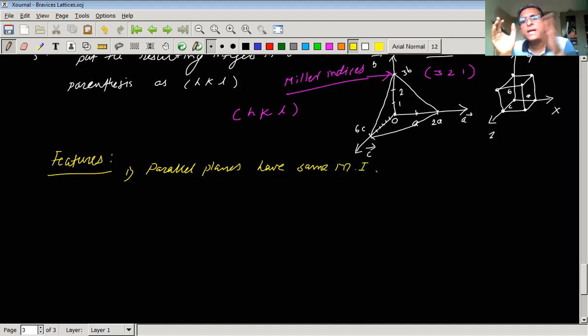If planes are parallel to each other, then they will have the same Miller indices. For example, here, these shaded planes are parallel to each other, so they will have the same Miller indices. The second feature is that, this we can verify by calculating the Miller indices.